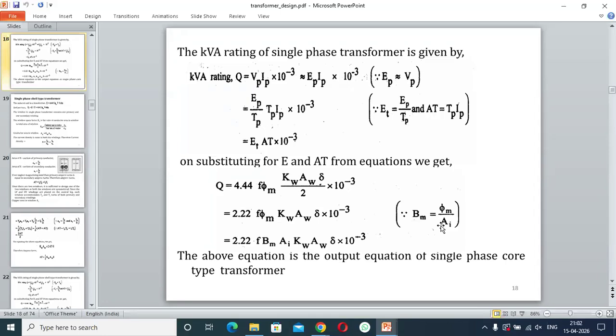But as we assume this is a single phase transformer, these losses, eddy current losses and copper losses, will be very less. So in static losses, we are assuming these three losses will be less.